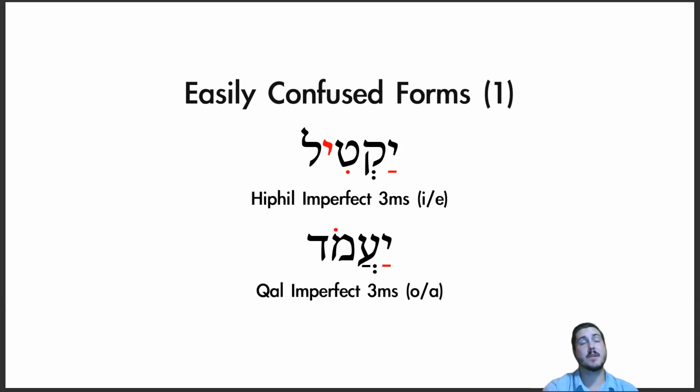Any of these other paradigms appear not very often in the Hebrew Bible. So 68.8% of the verbs are Qal. So if you memorize Qal, you've almost got 70% of all verbs in the Hebrew Bible memorized. Nifal is 5%.